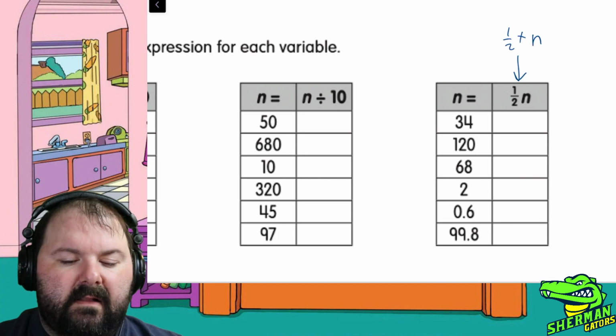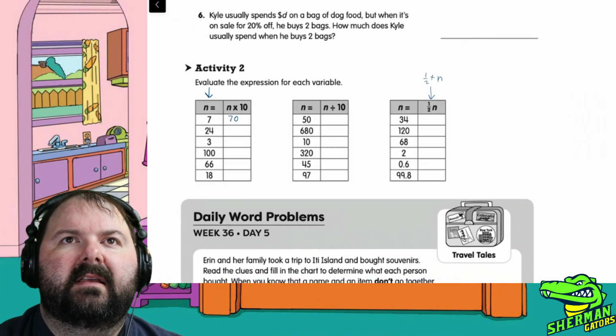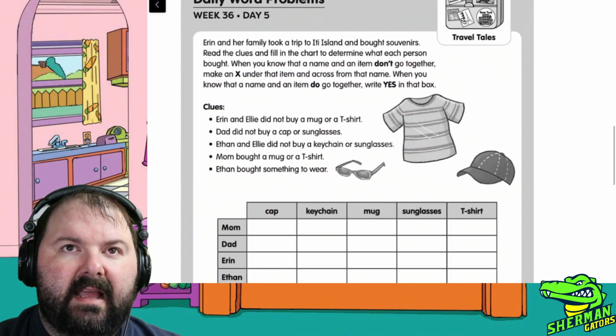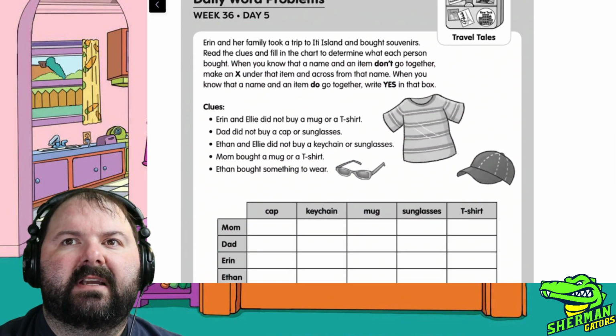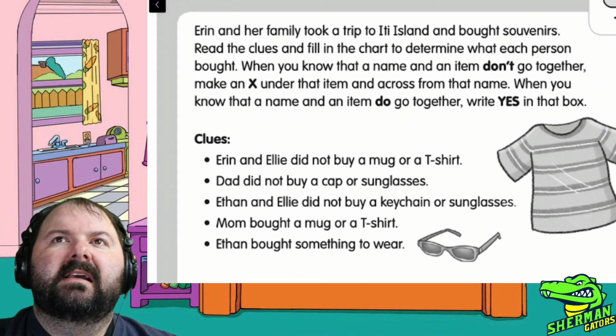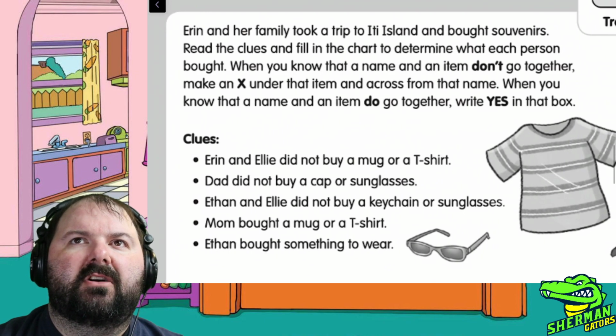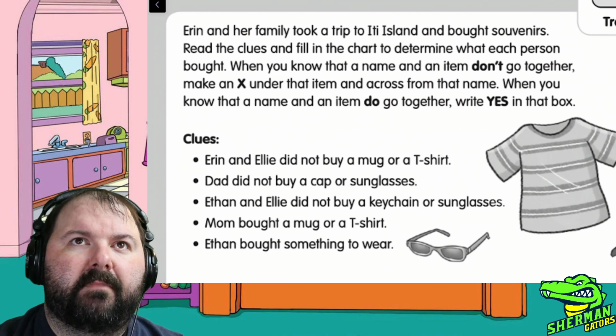On the daily word problem, it says Erin and her family took a trip to Itty Island and bought souvenirs. Read clues and fill out the chart to determine what each person bought.